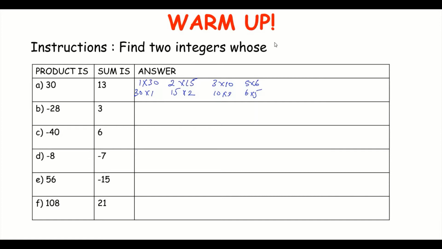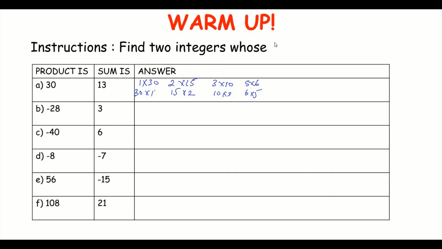Now, what pair here gives us the sum of 13? 1 plus 30 doesn't give us that. 2 plus 15, no. So we can't use this pair unless this 13 was negative.